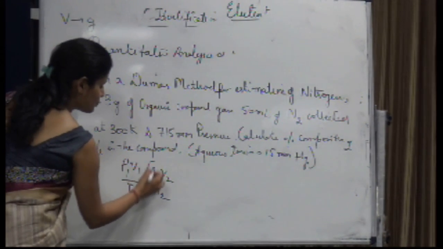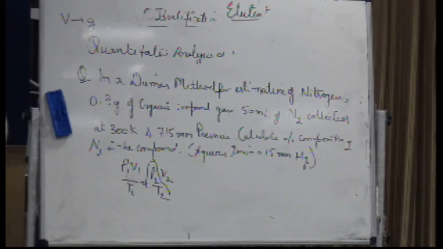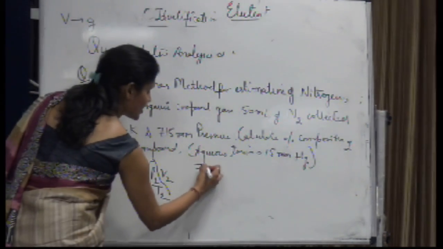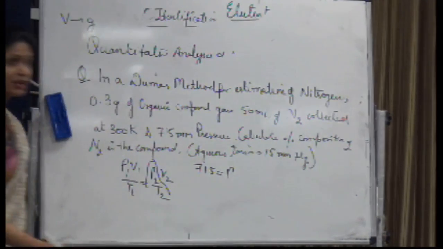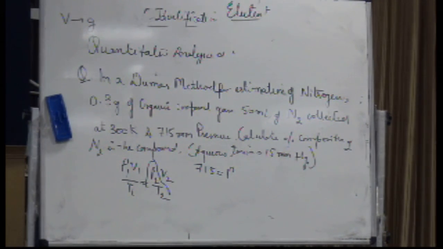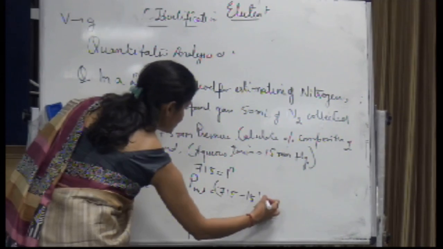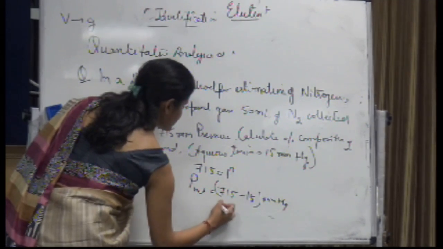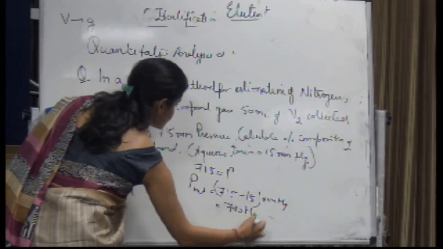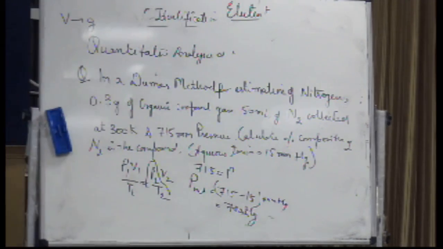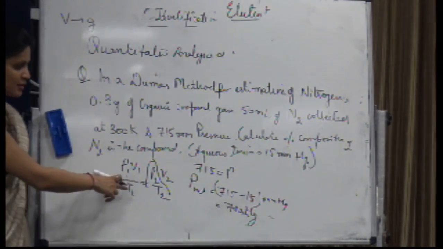And what would I put in the pressure column? 715 is the pressure at which the nitrogen has been collected. But the aqueous tension is 15 mm of Hg. That means what is the net pressure? Net pressure is equal to 715 minus 15 mm Hg. It means 700 mm of Hg. So I'll put the pressure as 700.